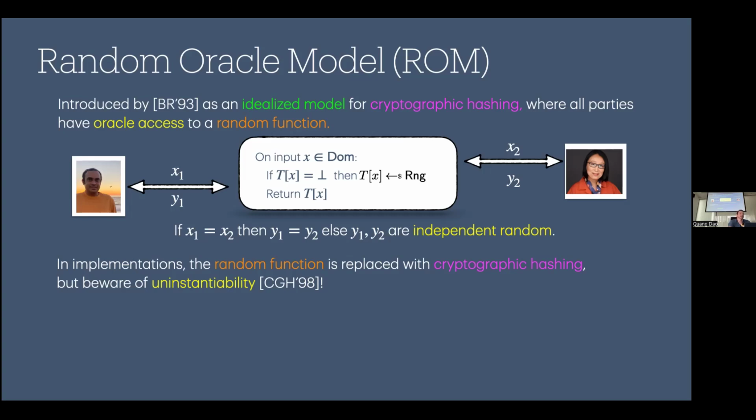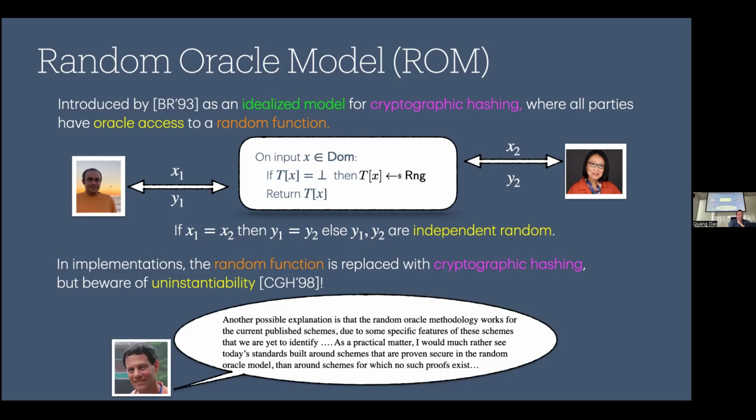So in implementations, the random function is replaced with cryptographic hashing. Just to be a bit philosophical, you do have to be aware of the drawbacks of using the random oracle model. There are what are called uninstantiable schemes, meaning that you can prove some scheme secure in the random oracle model, but there's no way to actually instantiate the random function with a real hash function so that the scheme stays secure.